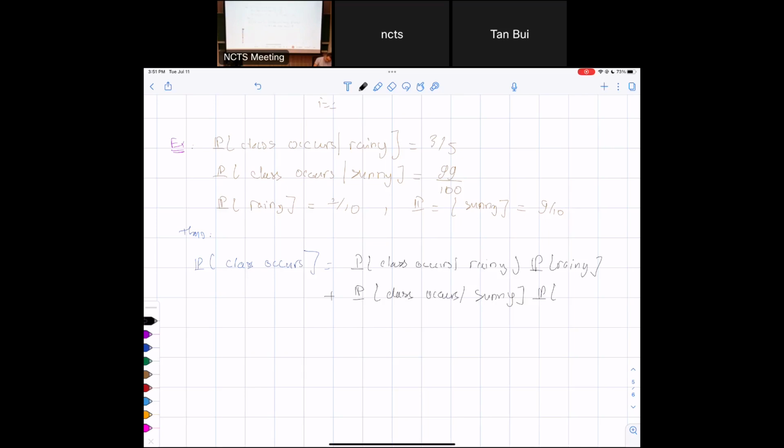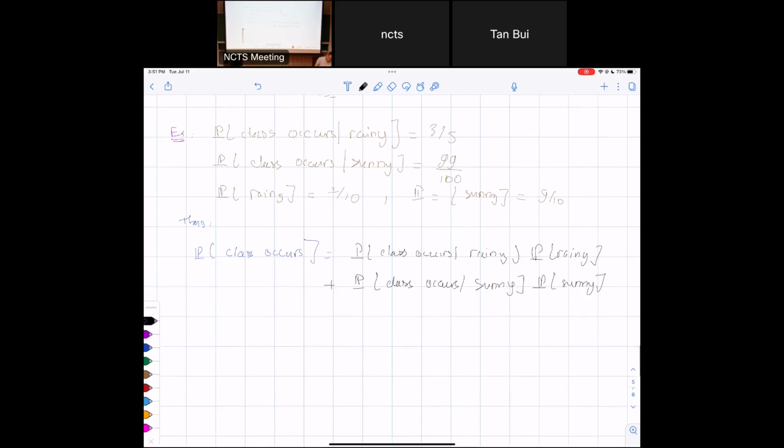Rainy is sunny, right? Remember that it's important to know that rainy and sunny are mutually disjoint. Then we can apply it. See that? So this is easy, right? You can then plug in the calculation, 3/5 times 1/10, plus 9/10.